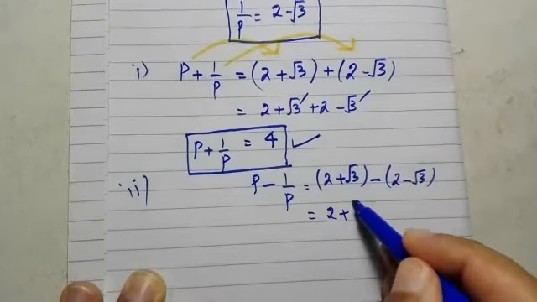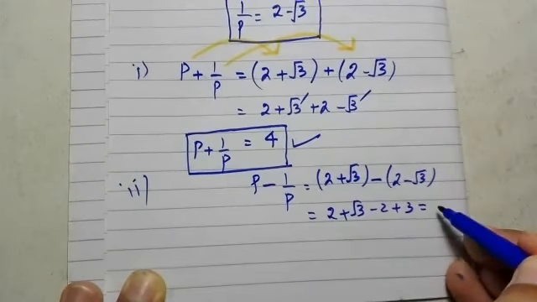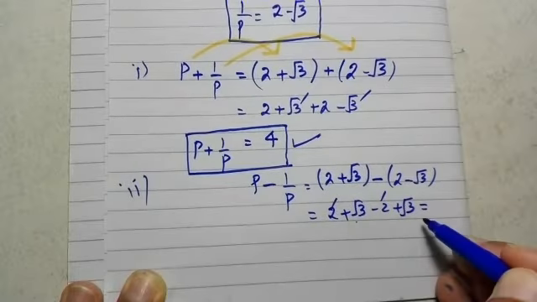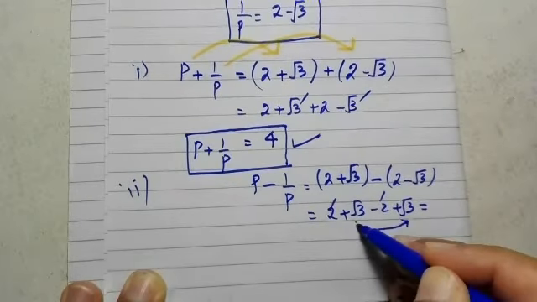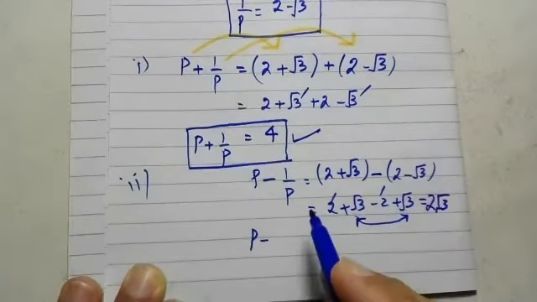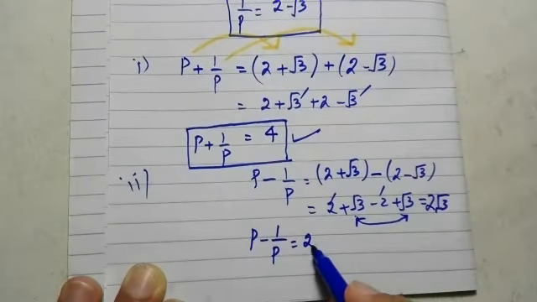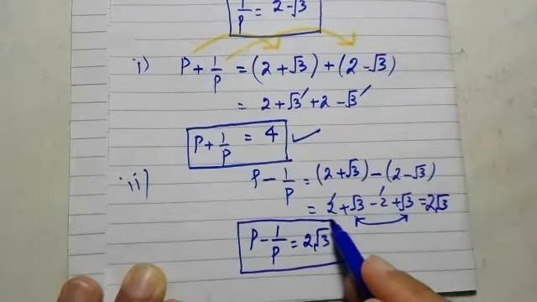You will see that the signs of the next term will change. 2 and minus 2 will cancel. It will become under root 3 and under root 3. Please understand, you would write it as 2 times under root 3. So this is the value of p minus 1 over p, that is 2 times under root 3. This is the second part which was required to be calculated.